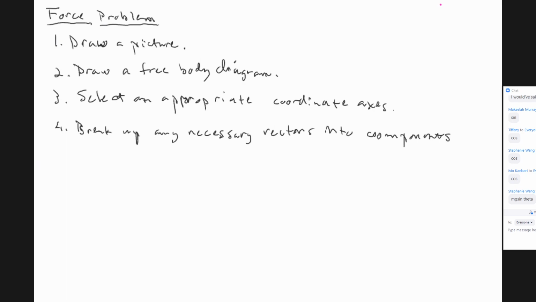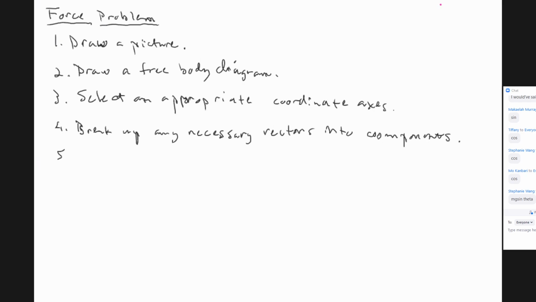This is so we can look at what we need to be able to select an appropriate coordinate axes and then match it up, so that's up minus down, right minus left in terms of your x and y components, with each other to find the resultant vector.